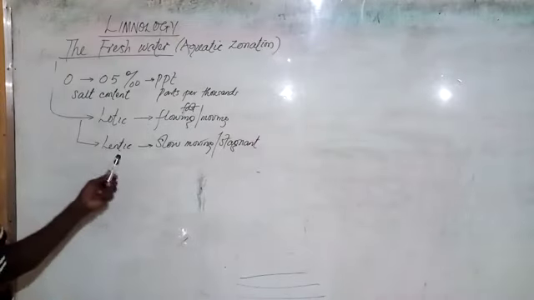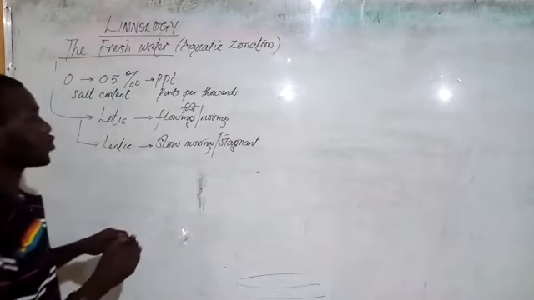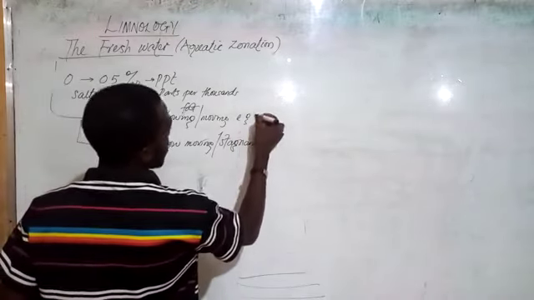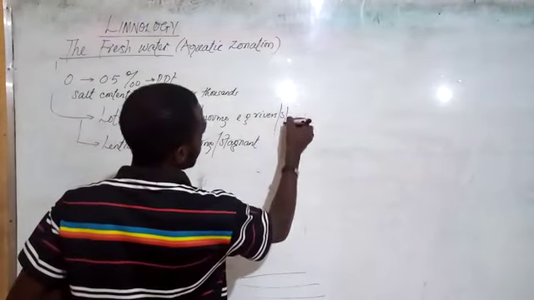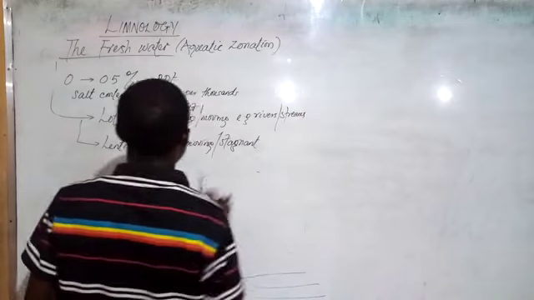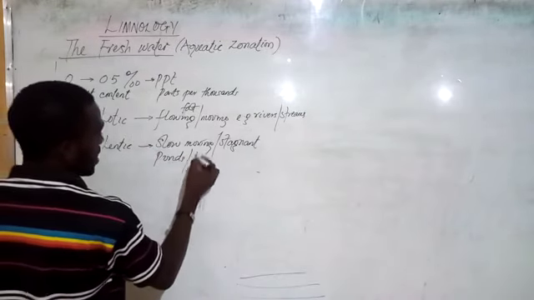So stagnant water are called lentic, and the flowing water are called lotic. Examples of lotic are rivers and streams. Examples of lentic are ponds and lakes.